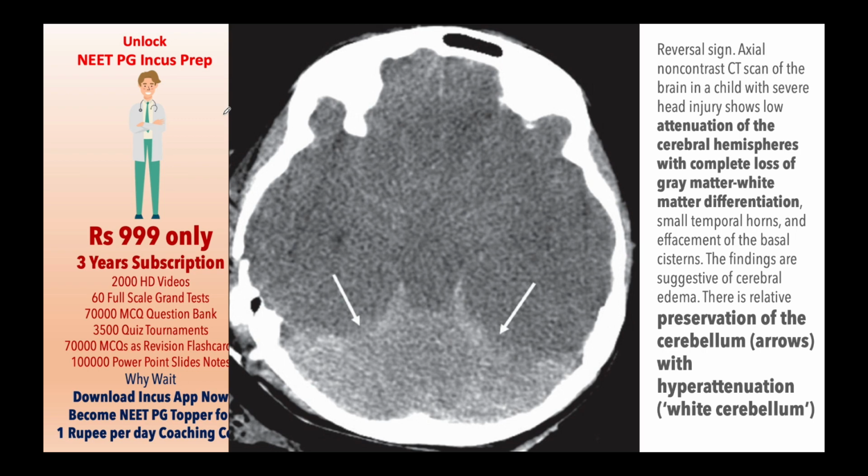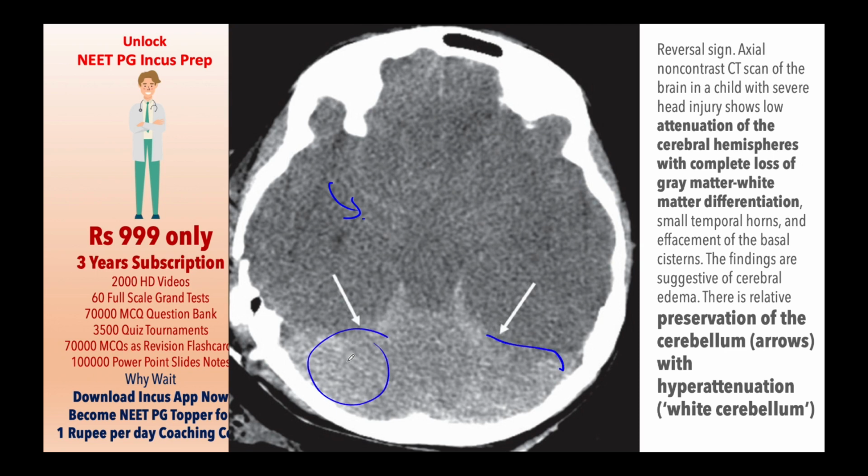Now, what is the reversal sign? You have taken a non-contrast CT scan axial view with low attenuation of the cerebral hemispheres, complete loss of gray-white matter differentiation, very small temporal horns, and relative preservation of the cerebellum.